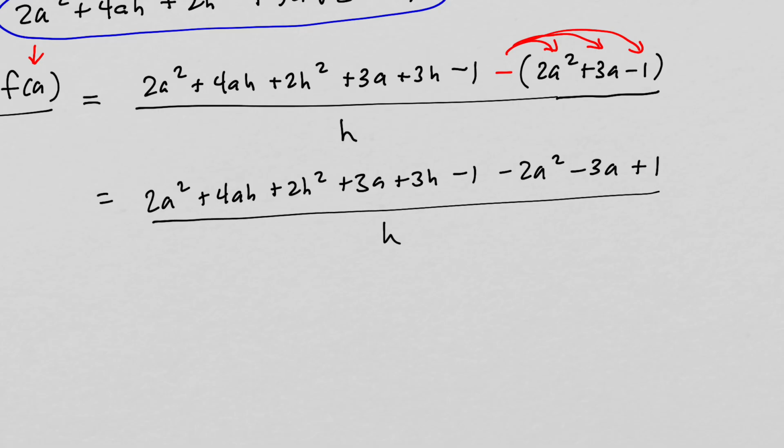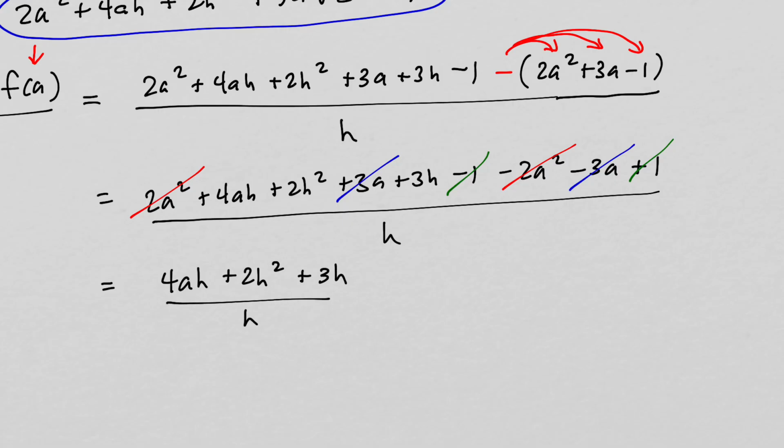Now what should happen here is you should get some cancellation. So notice that 2a squared and negative 2a squared cancel out. Also, positive 3a and negative 3a cancel out, and negative 1 and positive 1 cancel out. So what we have left over in the numerator is 4ah plus 2h squared plus 3h, and then all divided by h.